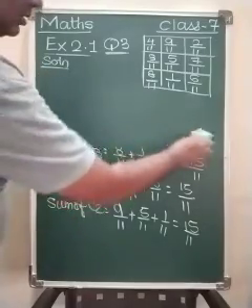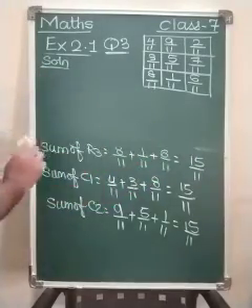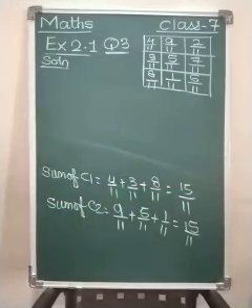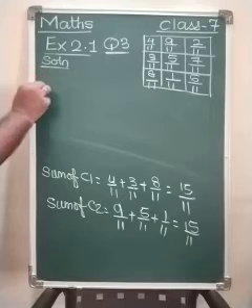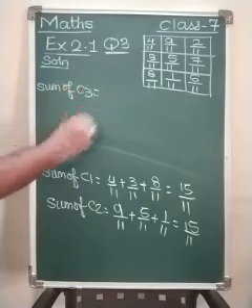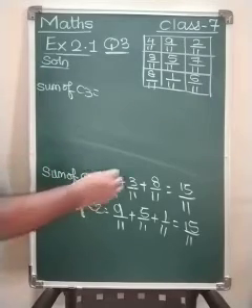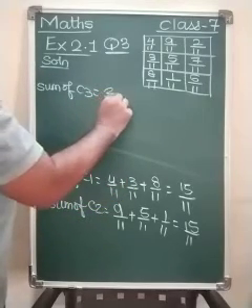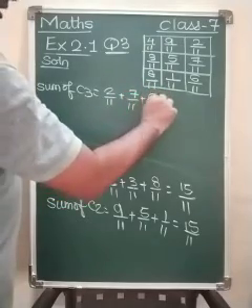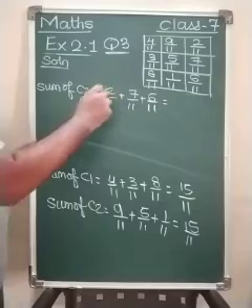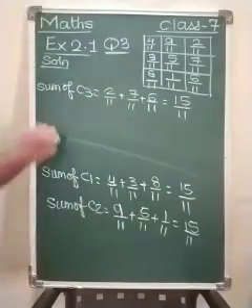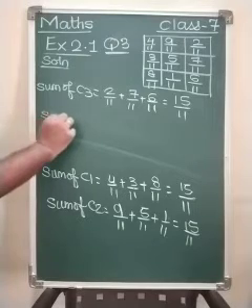Sum of C3 equals to 2 upon 11 plus 7 upon 11 plus 6 upon 11. So this equals to 2 plus 7, 9, 9 plus 6, 15, 15 upon 11.